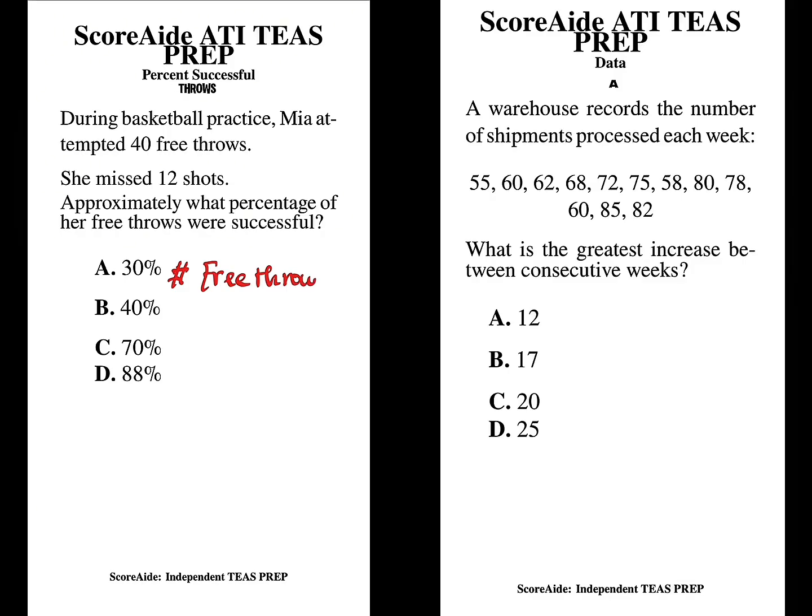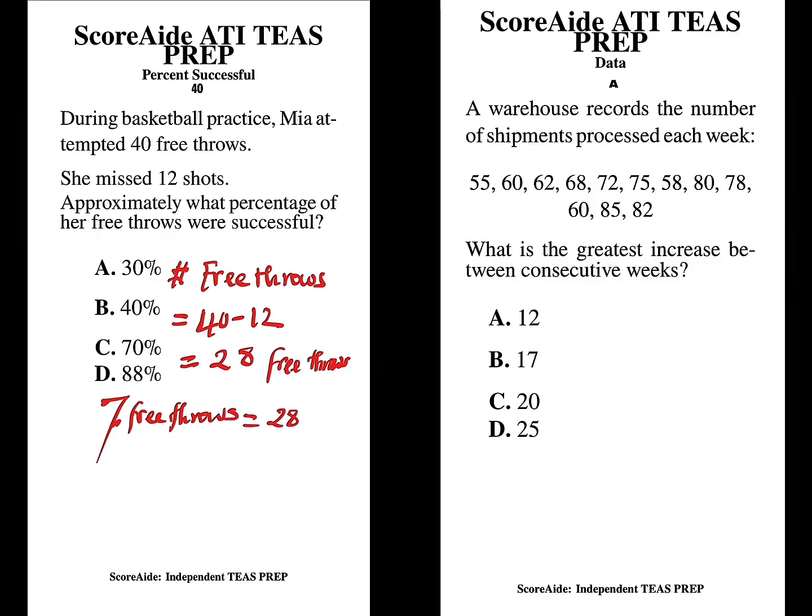The number of free throws is going to be equal to 40 minus 12, which is going to be what? 28 free throws. Now, the percentage of free throws is going to be equal to what? 28 over 40 times 100%.